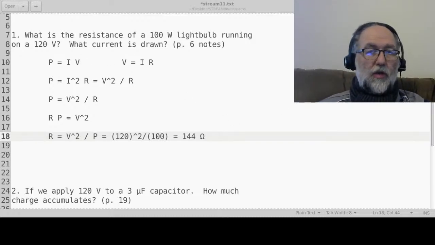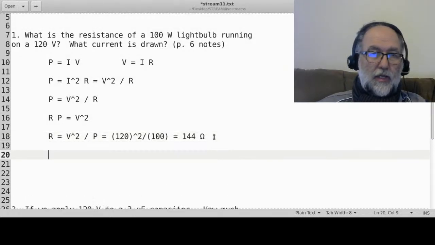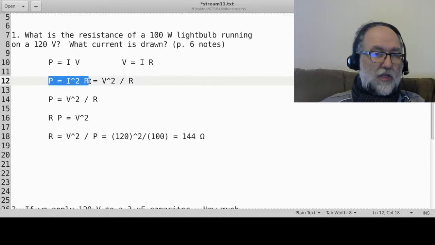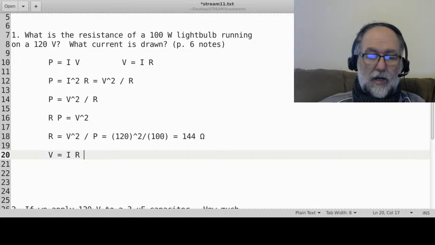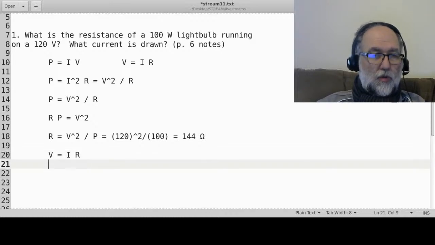Now we can say what current is drawn. You could go back and just use Ohm's law directly. V is equal to IR, and we want to rewrite that.